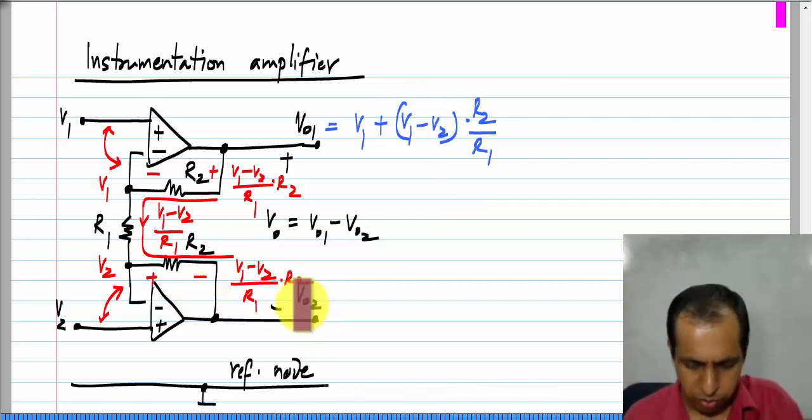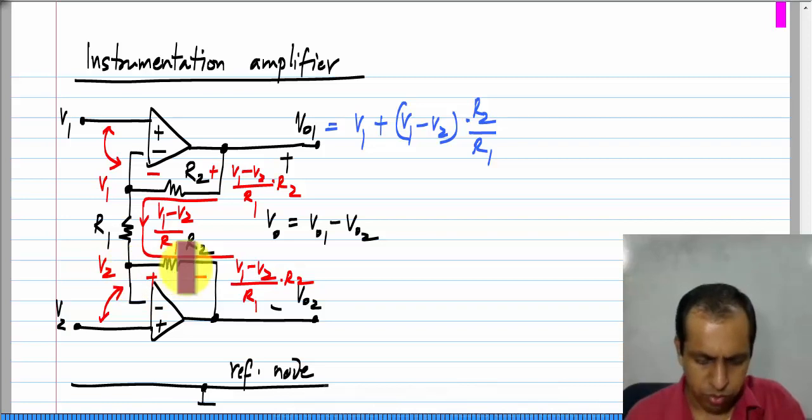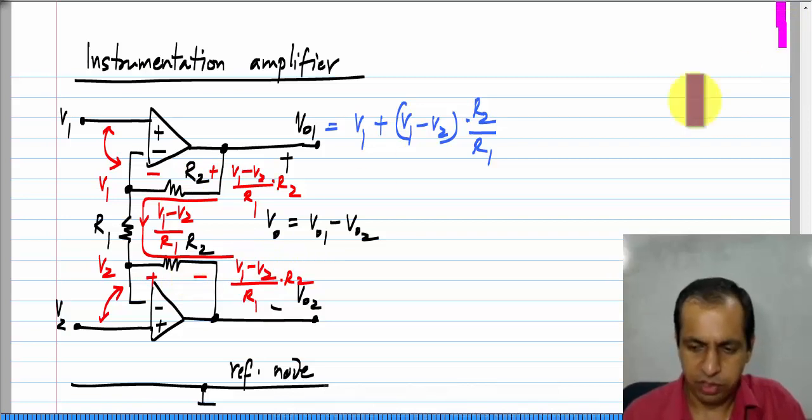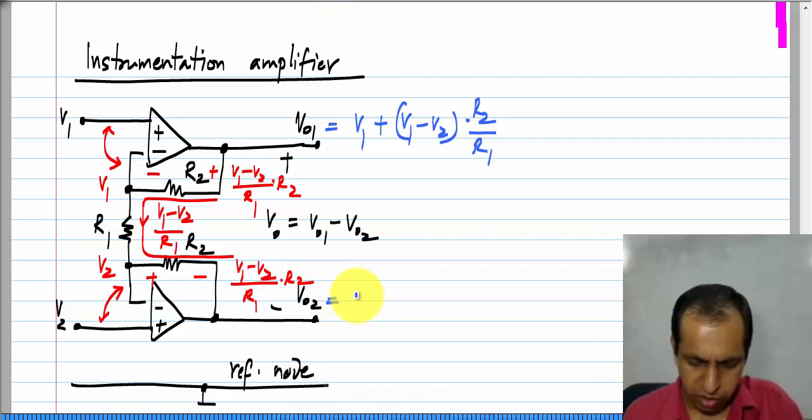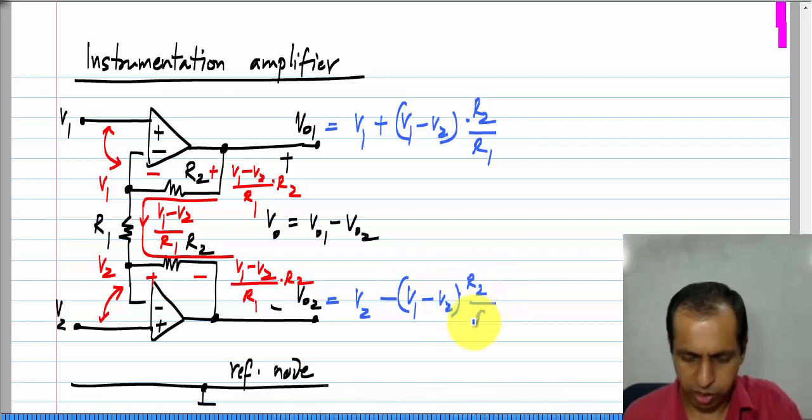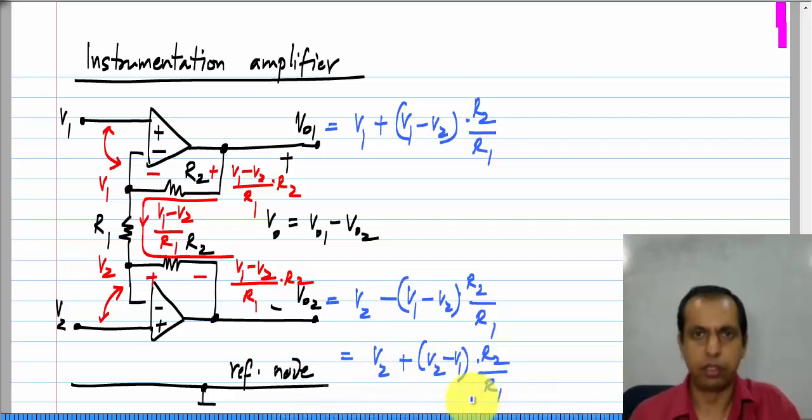Similarly, VO2 will be V2 minus the voltage drop across this lower R2. These two resistors have to be of the same value. VO2 would be V2 minus V1 minus V2 times R2 by R1, which is also the same as V2 plus V2 minus V1 times R2 by R1.